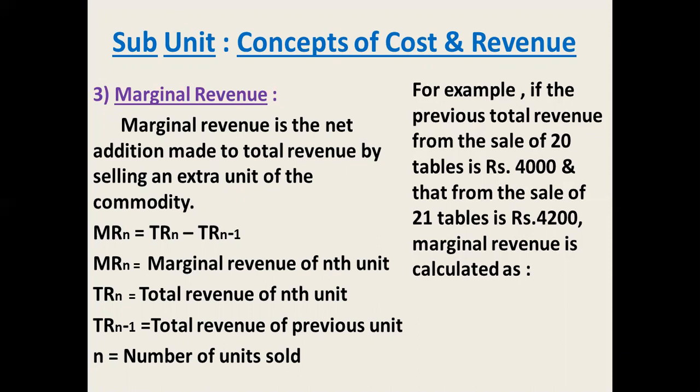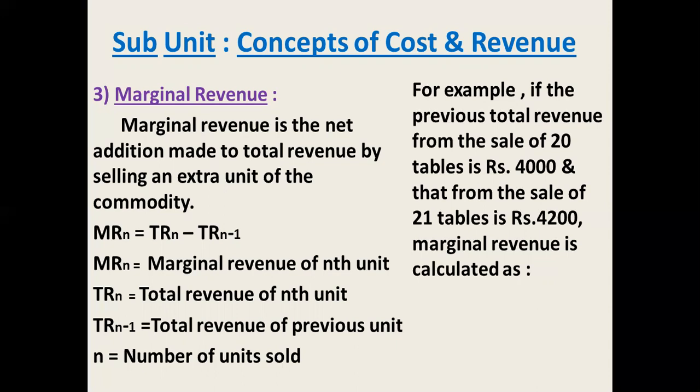So the important example is: the previous total revenue from the sale of 20 tables, means the producer has produced 20 tables, and the revenue of those 20 tables is 4,000 rupees. He sells those 20 tables and the revenue is 4,000 rupees. Then from the sale of 21 tables, in the next addition, the revenue is 4,200.